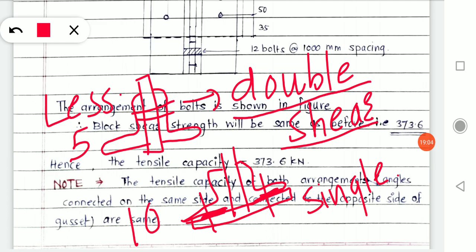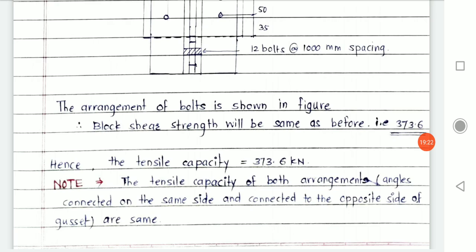The next difference is how they transfer the load. In the second case, the loads are transferred more eccentrically, whereas in the first they may transfer equally.